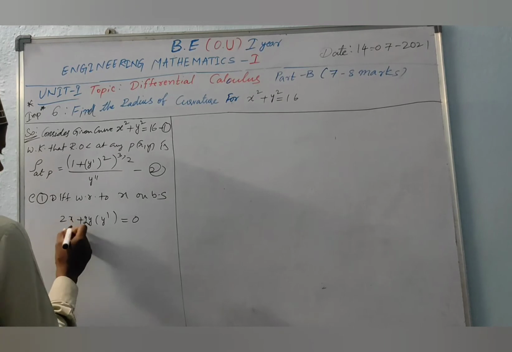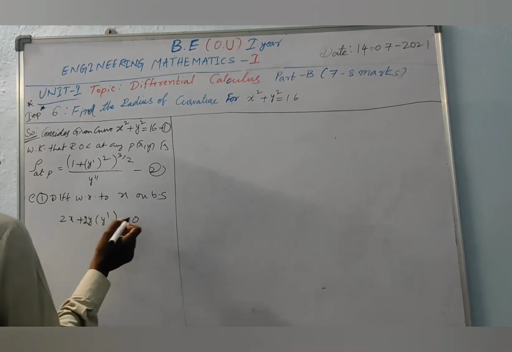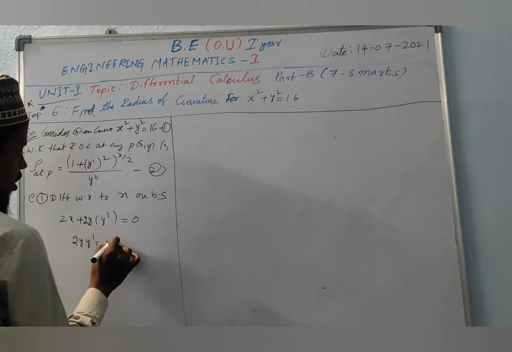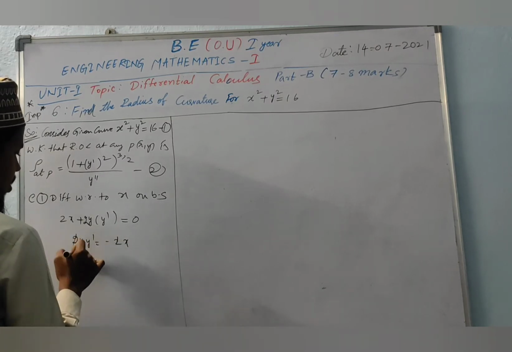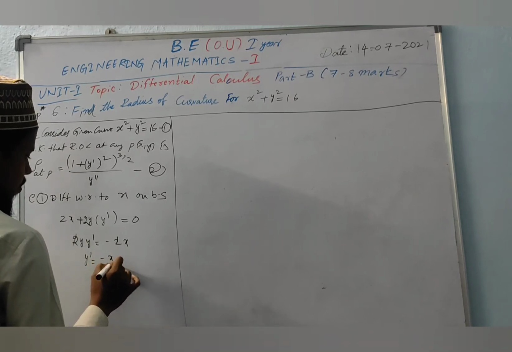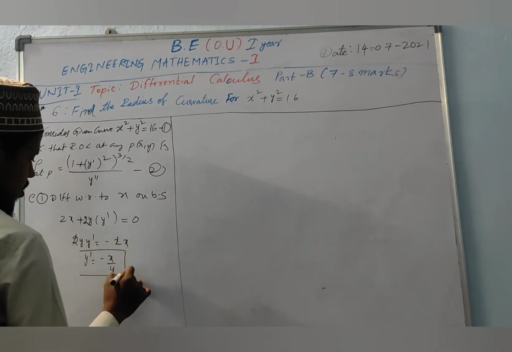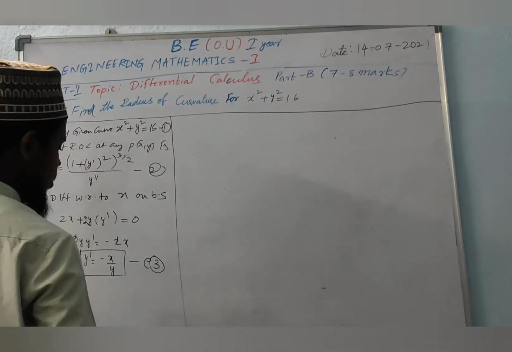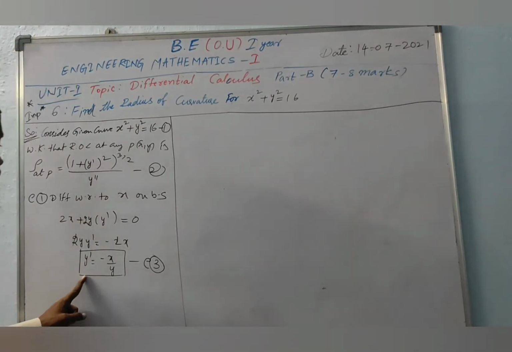Now take 2x to the right side: 2y y′ equals minus 2x. The 2 cancels, so y′ equals minus x by y. This is equation number 3.